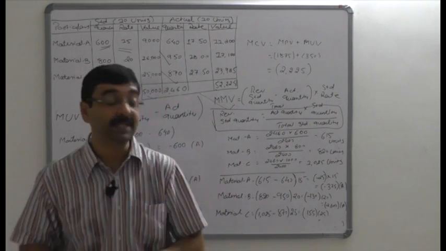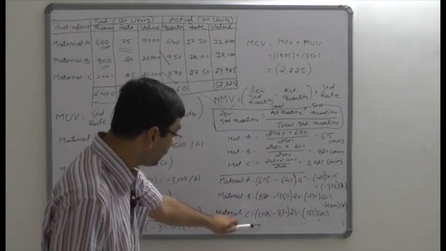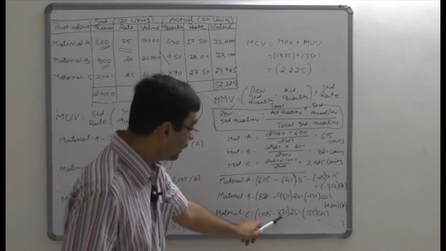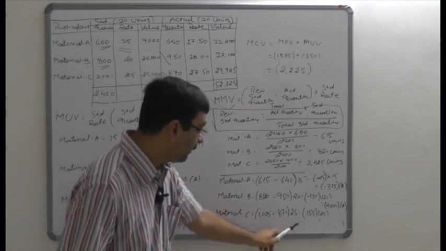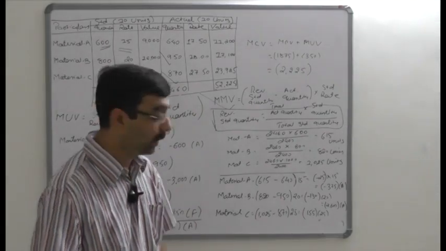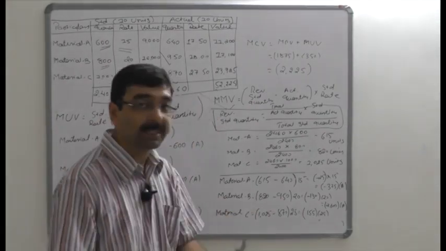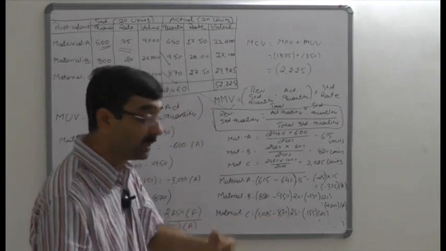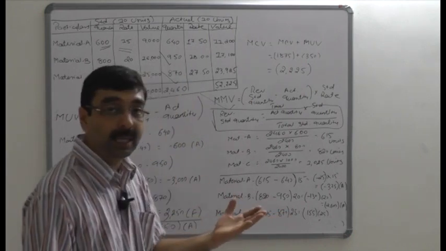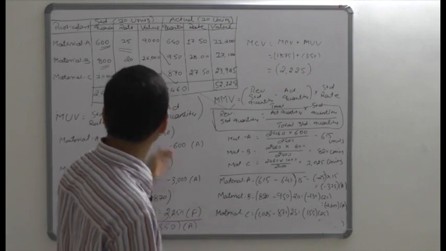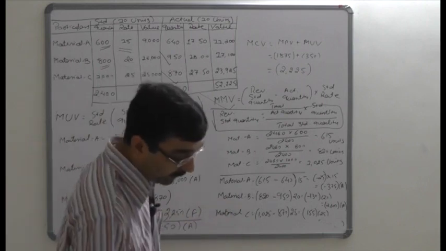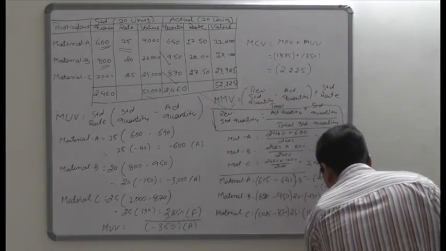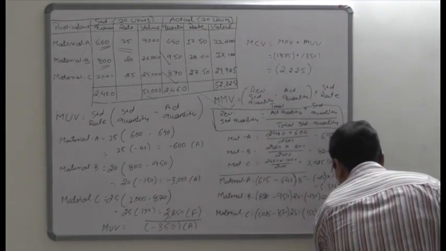It is positive. Why is it positive? Because the revised standard quantity is quite higher than the actual quantity used. The difference is 155 units more. So 155 units is surplus. That means it is in reserve compared to the actual quantity used. And the standard rate given is 25. So the multiplication of this comes to 3875 favorable.